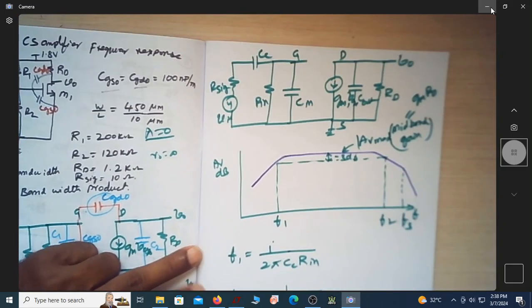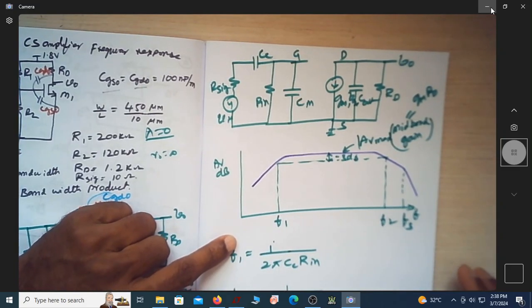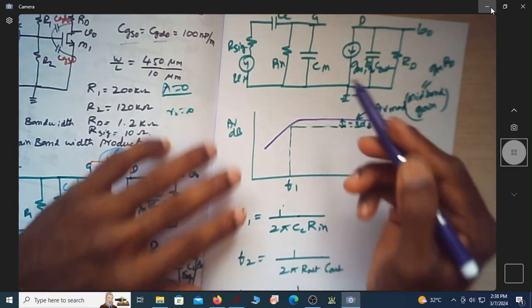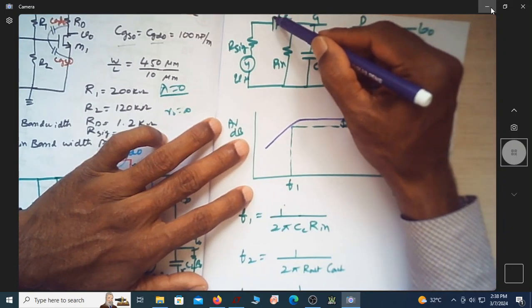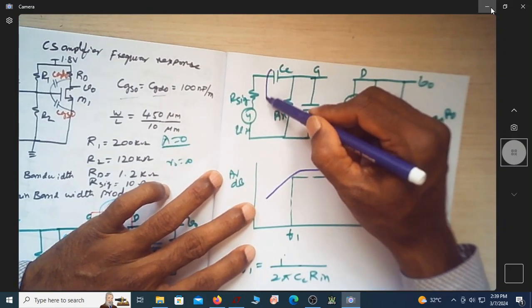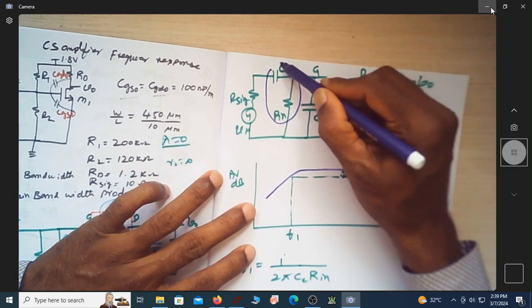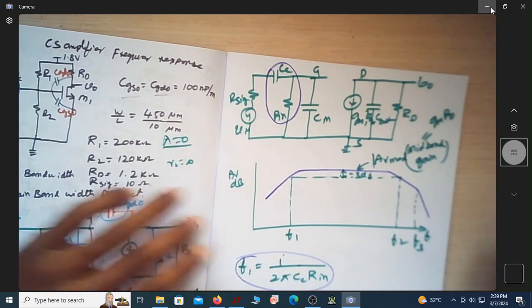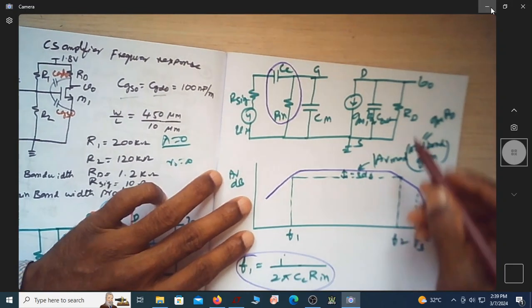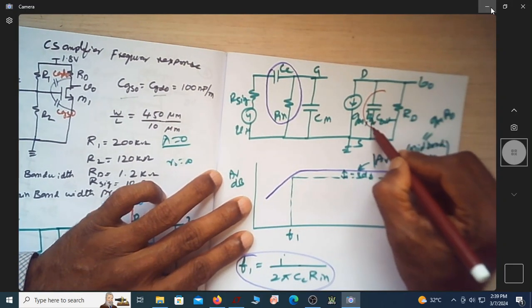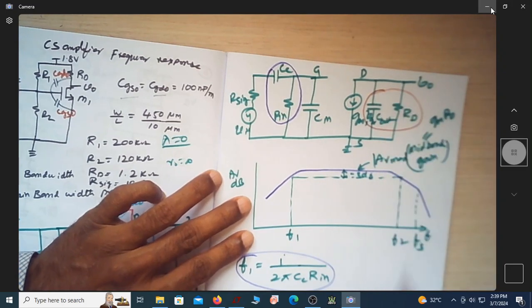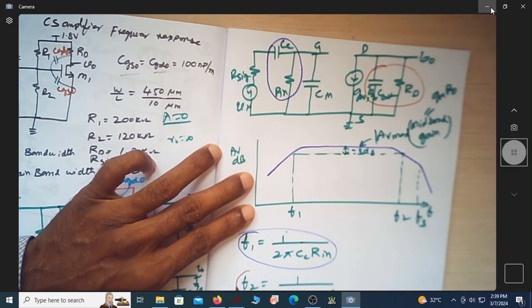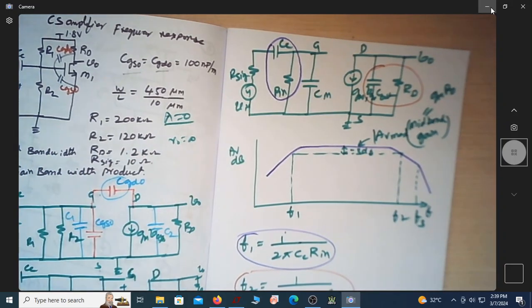So don't simply combine some resistor with some capacitor. For the first one, it is these two capacitances, so this RC, you can see in blue color. Next is this Rout and Cout, this is my other one. So this is F2. And what is the third one?